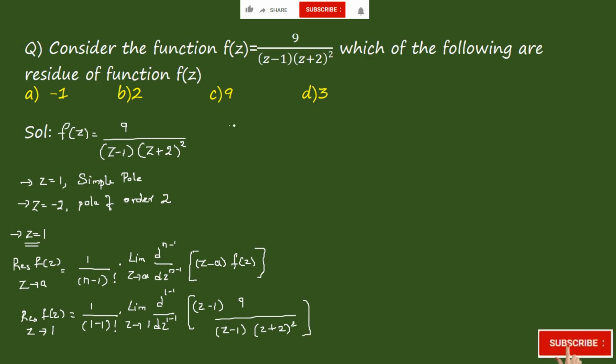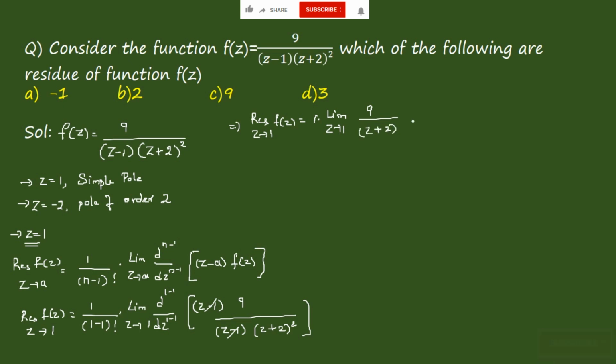So just substitute it, we get residue as z tends to 1 of f of z is equal to 0 factorial, which is 1, so it becomes 1 into limit z tends to 1. Now dz of 1 minus 1 becomes 0, so no need of differentiation, and these two get cancelled and it becomes 9 divided by z plus 2 whole square.